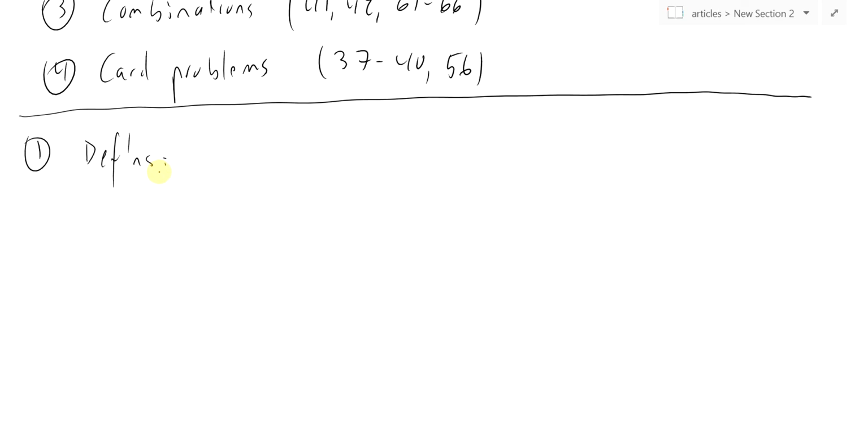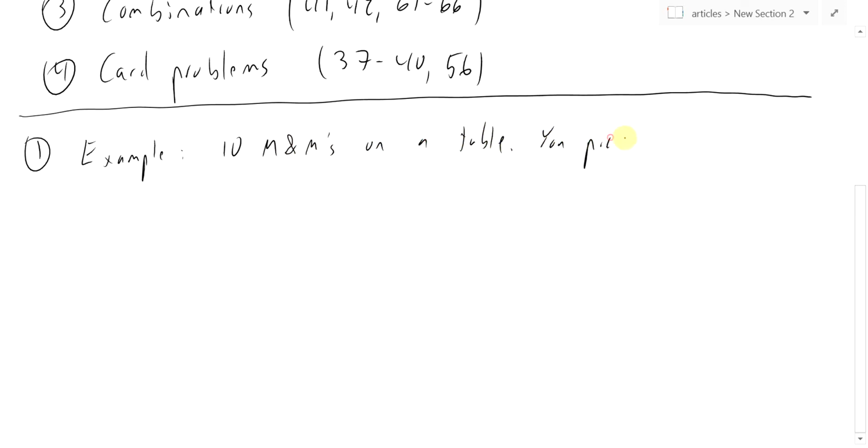So for an example, 10 M&Ms on a table, and you pick 7. How many ways are there to do that? Well, how many possible such combinations are there?